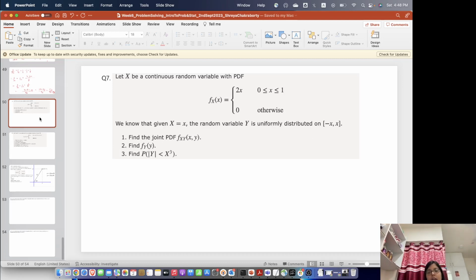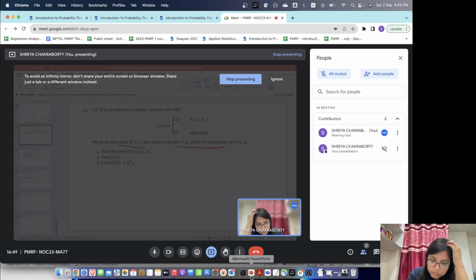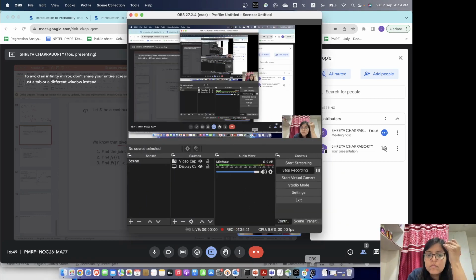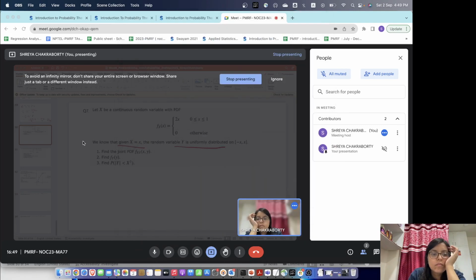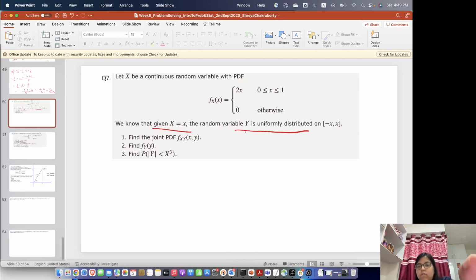So here we have, let x be a continuous random variable with PDF this. Given x, y is uniformly distributed on minus x, x. Given x equal to x, random variable y is uniformly distributed on minus x and x.